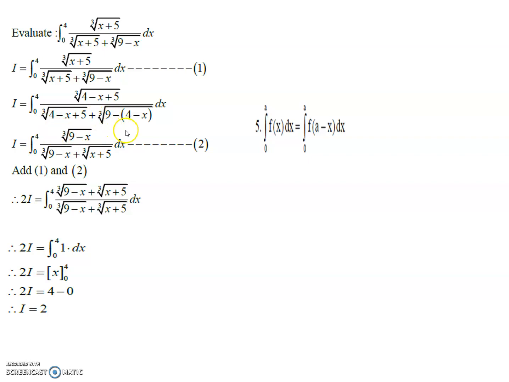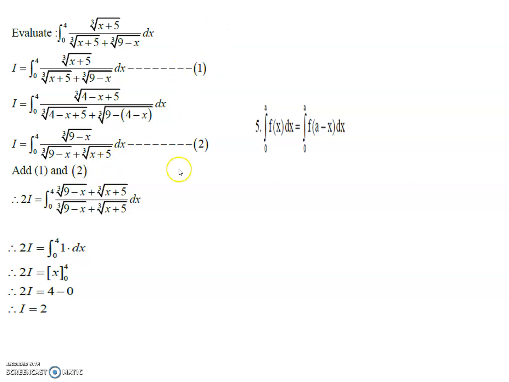Now we have to simplify. 4 plus 5, 9 minus x, remains the same in the numerator in cube root form. Cube root of 4 plus 5, 9 minus x, and cube root of 9 minus 4, that is 5, so x plus 5.